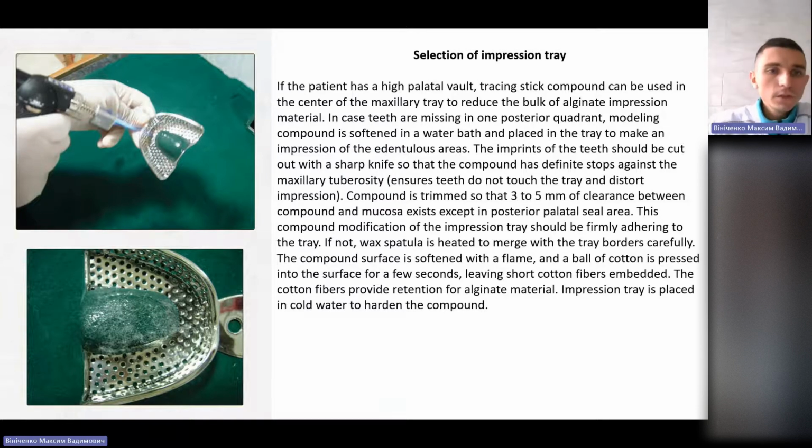The compound surface is softened with a flame and a ball of cotton is pressed into the surface for a few seconds, leaving short cotton fibers embedded. The cotton fibers provide retention for the alginate material. So you could see these fibers provide additional retention for the alginate material. The impression tray is placed in cold water to harden the compound.